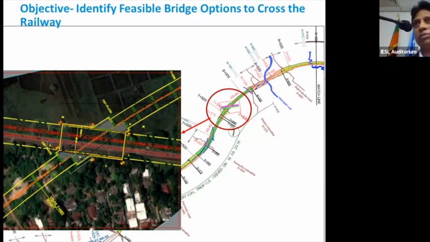The perfect scenario would be for the main trace to cross the railway perpendicularly, and then you can come up with a nice, easy bridge. But here it crosses at an angle. This problem was presented to us. How do you come up with a proper bridge design here? How do you find a good structural response to the site? Let me go through some of the things we did to address that.